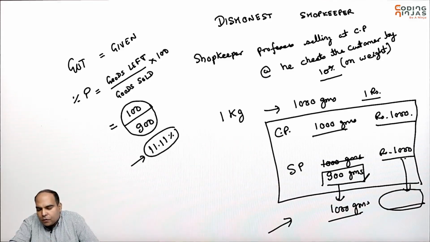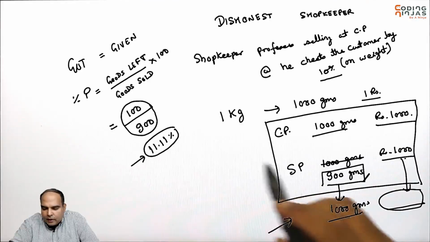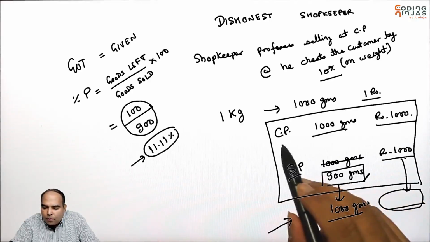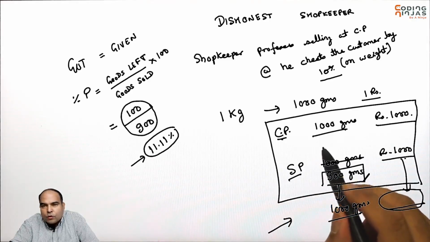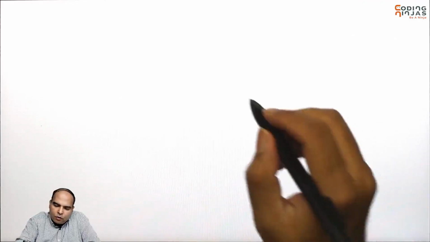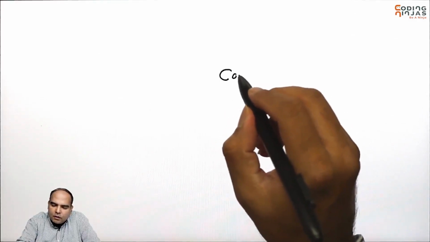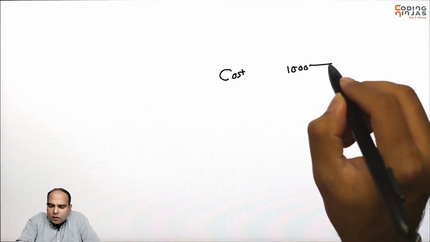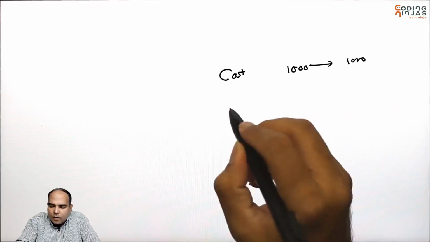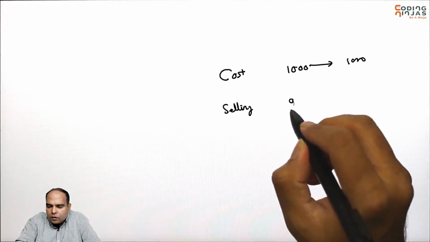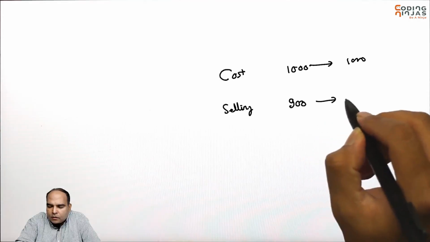The other way to do this would have been to take the selling situation to 1000 grams, or bring the buying situation to 900 grams. So while purchasing, the cost for 1000 grams is 1000, and while selling, the revenue from 900 grams is 1000.